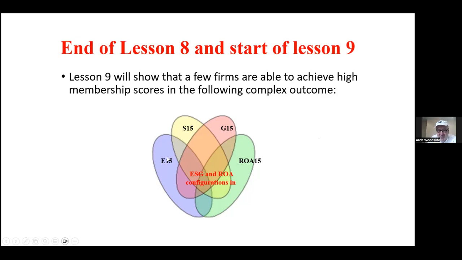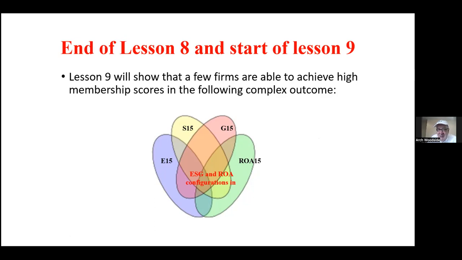Outcome possibilities. And again, if you really think of 3 levels of each, where you got high, medium, low environmental performance, high, medium, low social performance, high, medium, low governance performance, and high, medium, low ROA performance, return on assets. So if you did that, you'd have 81 combinations of performance.